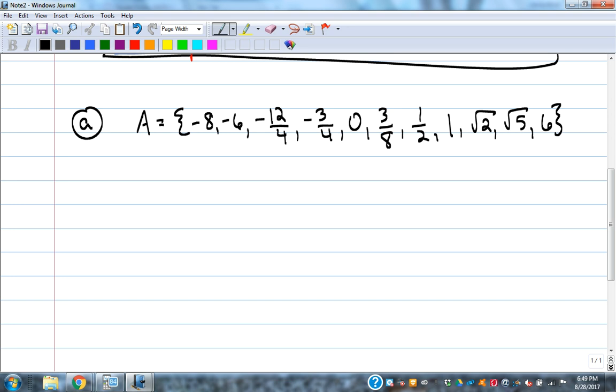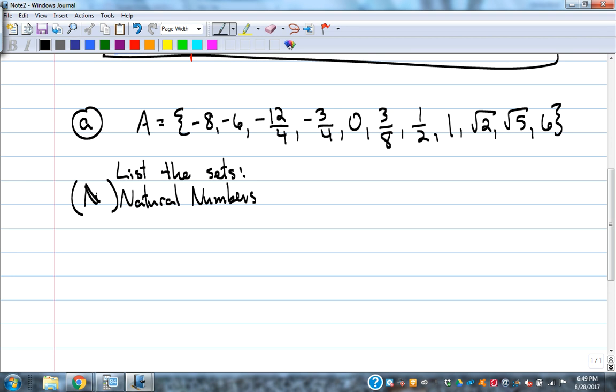Okay? Now, we're going to list the sets of natural numbers, and I'm going to put the abbreviation out here beside of it so that you can kind of tie those together. The natural numbers.